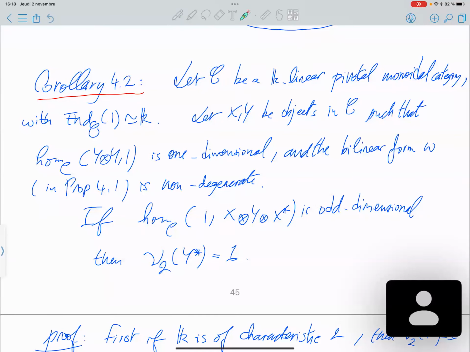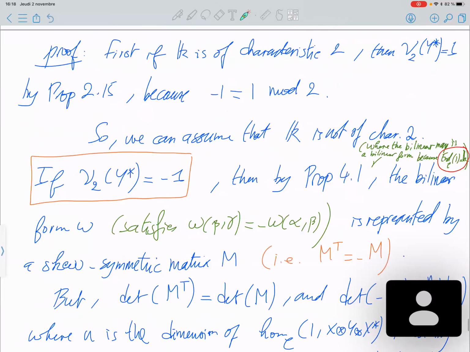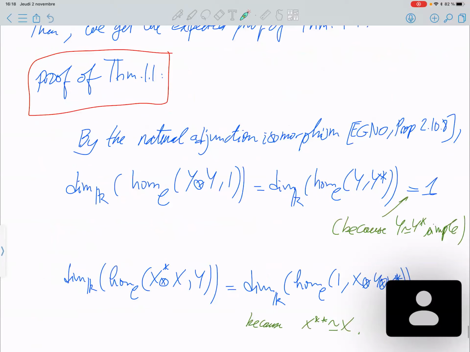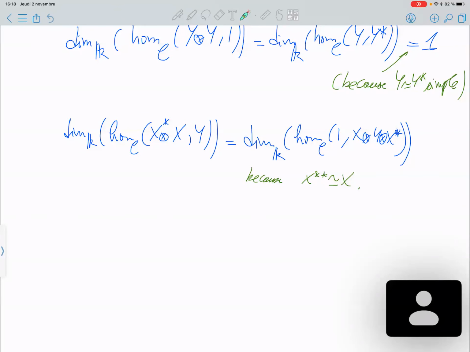But in the theorem, here you have the other way. So it's okay. You know they are the same dimension. So if this one is odd, then this one is odd reciprocally. So it's okay. We don't have a problem with that.